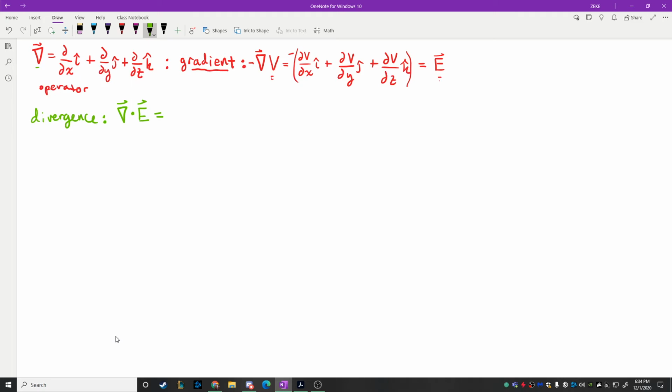Divergence, right? So we copy. I'll copy paste. This will save a little bit of time. We'll just change the color. If we take this and we do a dot product with the electric field. So how will we write the electric field? We can write any vector in general, depending on what coordinate system we want to write, like this.